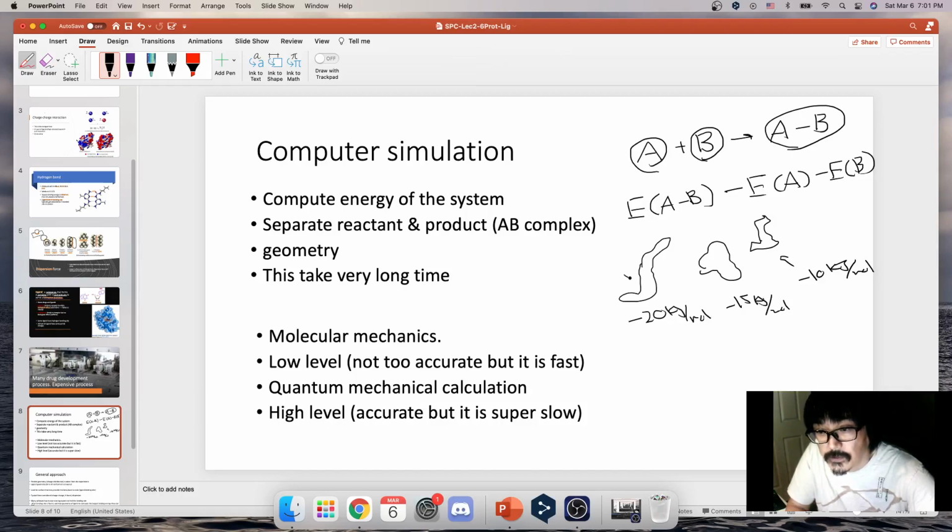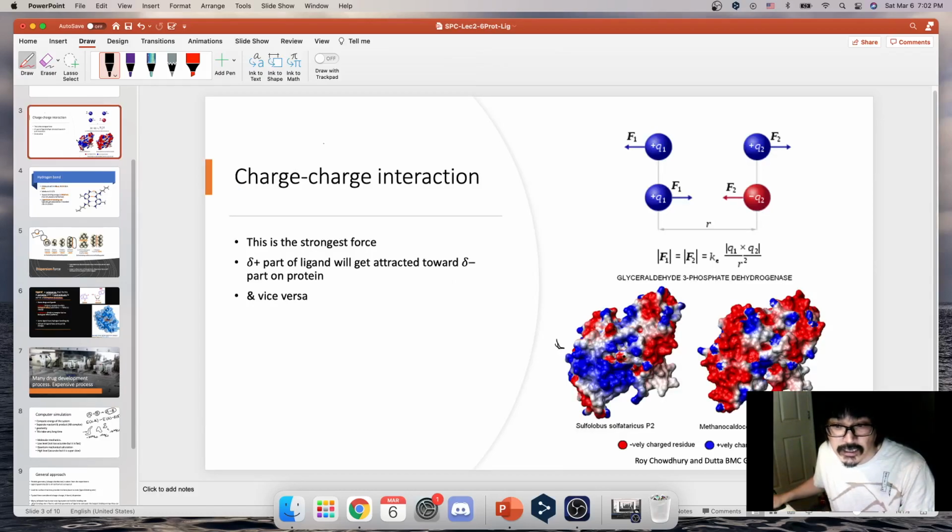So if you have the isolated A molecule, for example, then that A molecule may have this shape right here. But I should probably throw a caution here: you may think that the ligand has this type of geometry in the isolated environment, but when you put those ligands close to the proteins, remember that the protein has a positive charge side and a negative charge side, right?